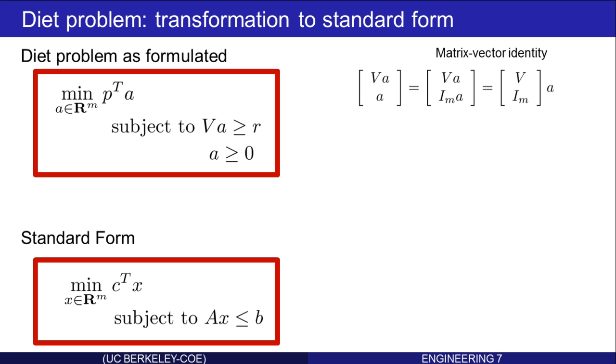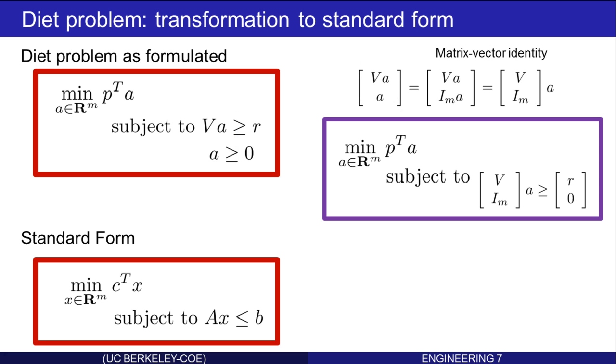The original diet problem constraint imposes that the elements of Va are greater than or equal to r, and the elements of a are greater than or equal to 0. That simply means that the array Va above a is greater than or equal to the vector r above 0. Therefore, let's rewrite the diet problem like this. Still the same linear cost function, subject to V stacked above identity times a greater than or equal to r stacked above 0. We're almost there, except the standard form has a less than or equal sign.